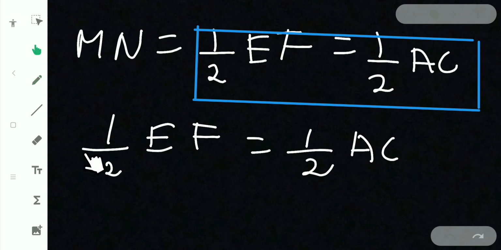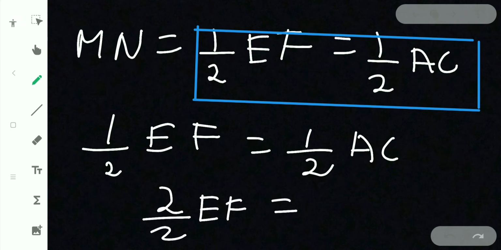Now you can cancel 2 and 2 over here. When you transpose 2 onto LHS, you will be getting 2 by 2 EF is equal to AC, and 2 and 2 cancel. So EF is equal to AC.